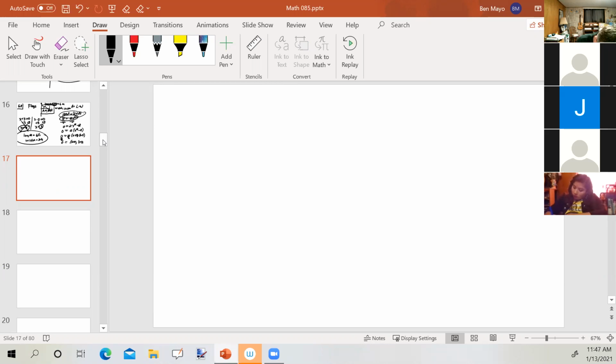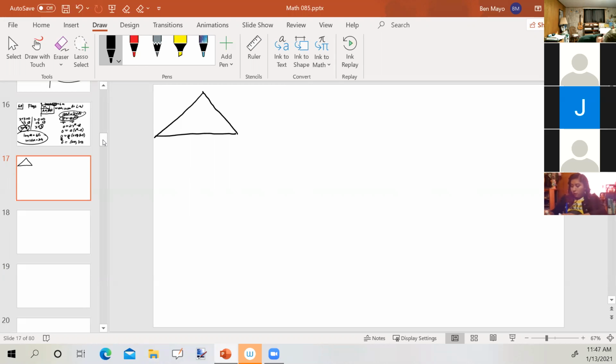Okay, so we've got this triangle. It's a logo that's sewed onto a pair of jeans. The height is 1 centimeter less than the length of its base.